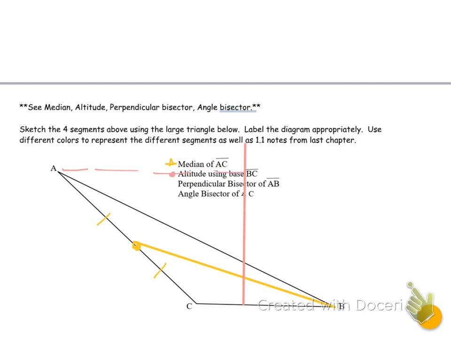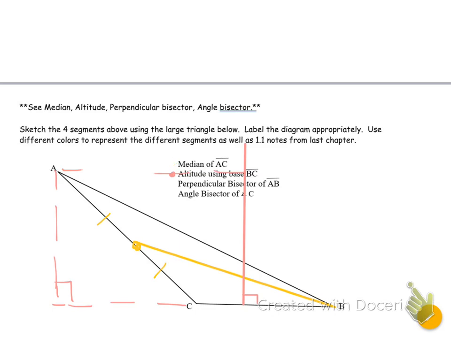This is going to be my altitude, and to show that it's perpendicular, I need to put my perpendicular symbol in here. We could go that way, or we could extend out this way and draw my perpendicular symbol out here. I would accept either of them because they're both perpendicular lines that are connected to BC.